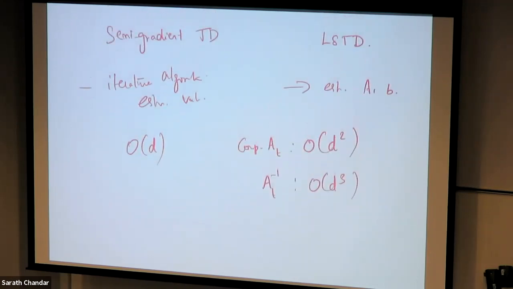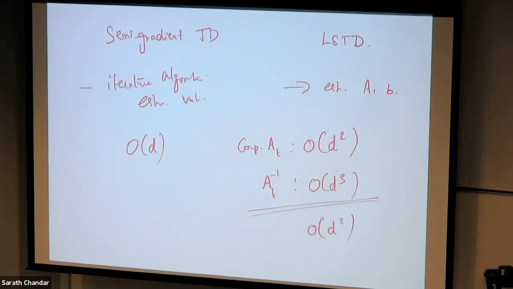Also, there are ways to make this LSTD algorithm more efficient. I will explain it, but I will not get into the details because it's more of a matrix optimization course than a machine learning or reinforcement learning course. There is an efficient way to do this matrix inverse with just order D squared.